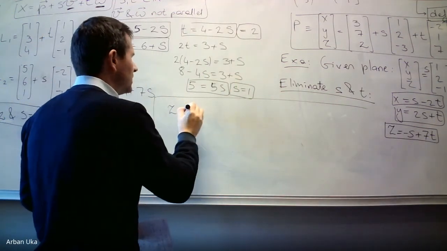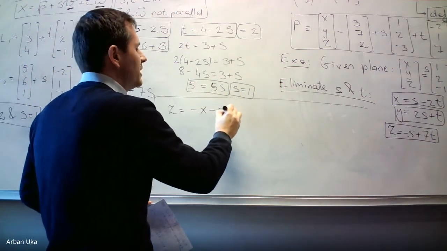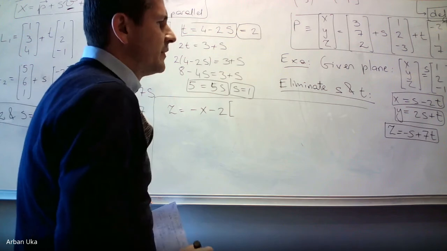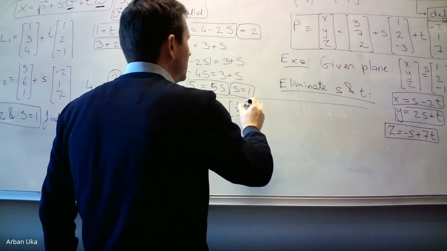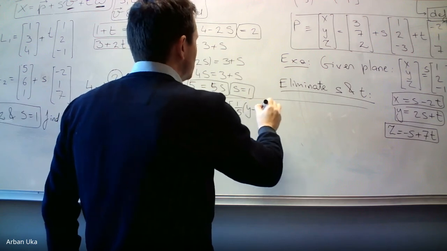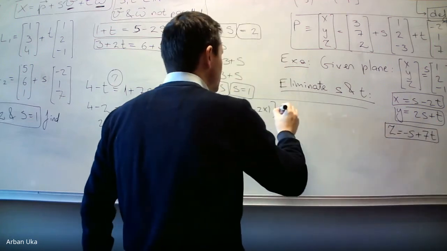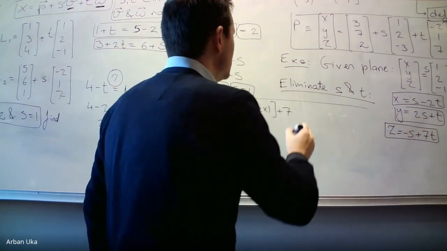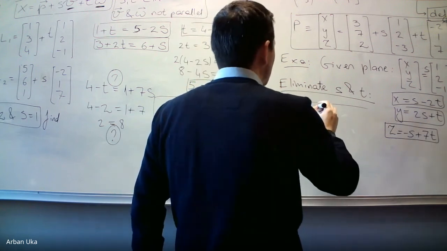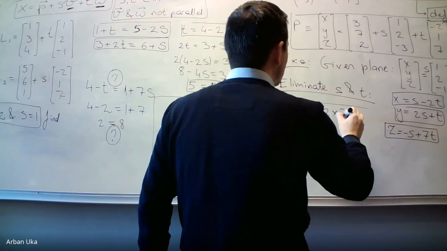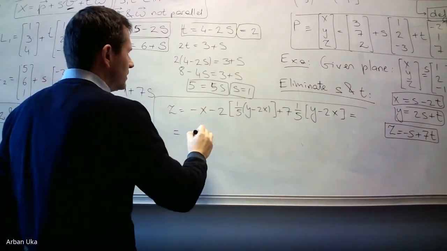So if we substitute everything, z would be equal to minus s. Minus s is minus x minus 2t. Let me substitute t right away, which is 1/5 of (y minus 2x). Plus 7t, where t is equal to 1/5 of (y minus 2x).